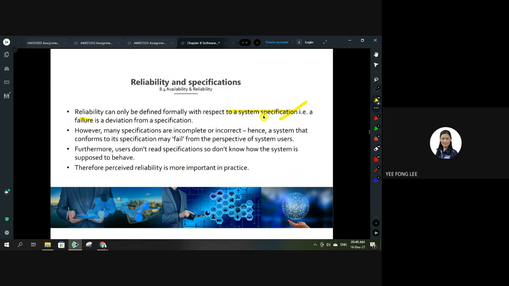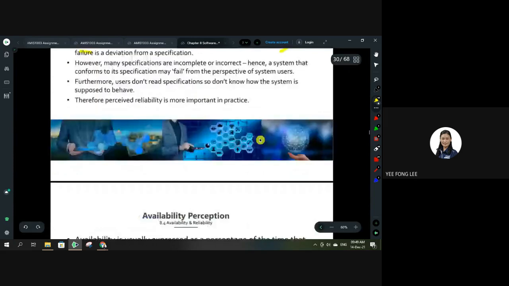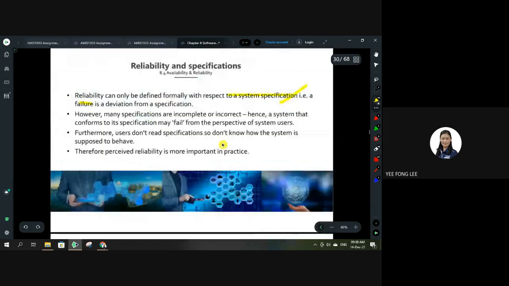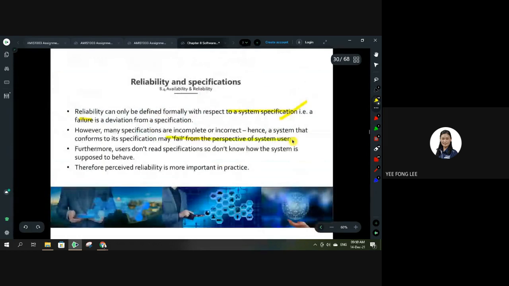Let me look at the slide again. This is what I mean just now. Users don't read the specification, so they don't know how the system is supposed to behave. No one will read the software specification document in detail.